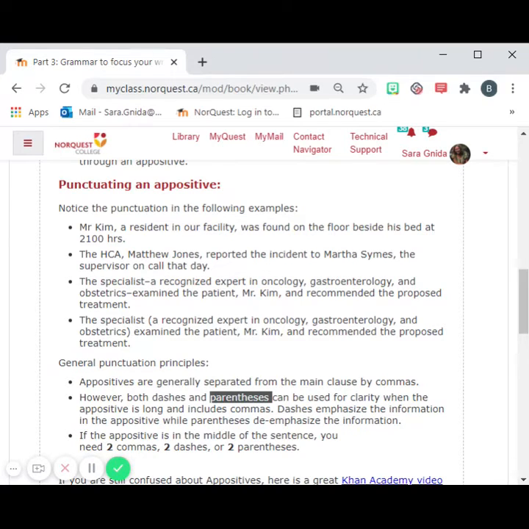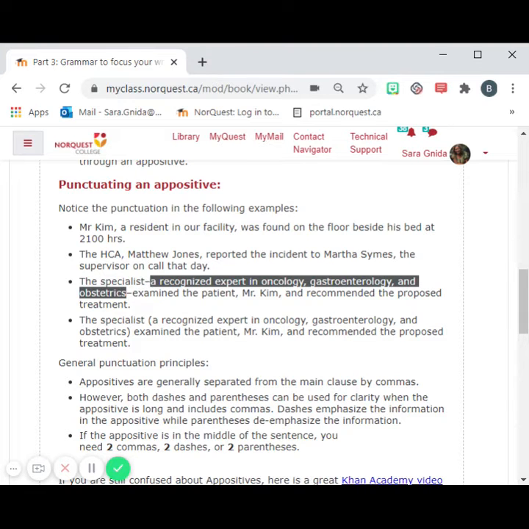So here in this appositive, a recognized expert in oncology, gastroenterology, and obstetrics, there are some commas in the middle of this long appositive. And if you separated it with commas, you said the specialist, comma, a recognized expert in oncology, comma, gastroenterology, comma, that would be confusing.